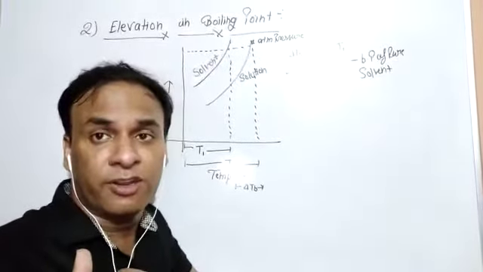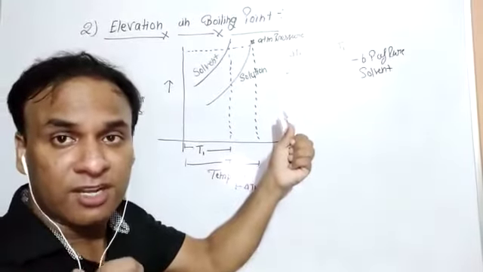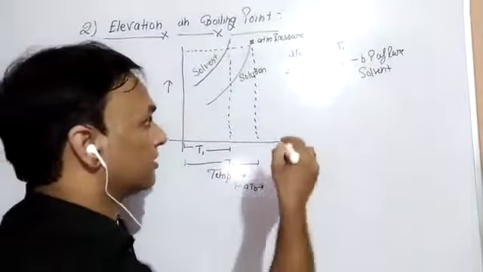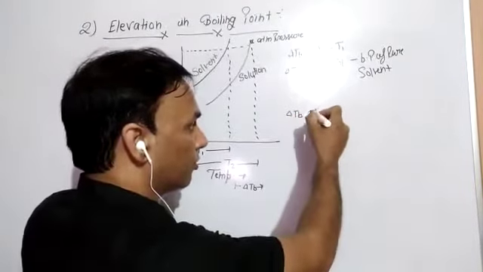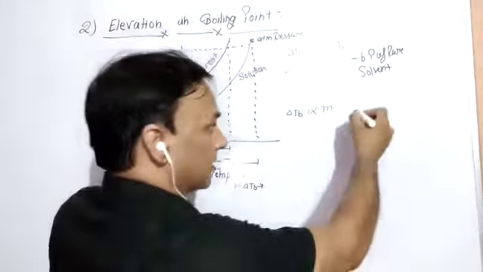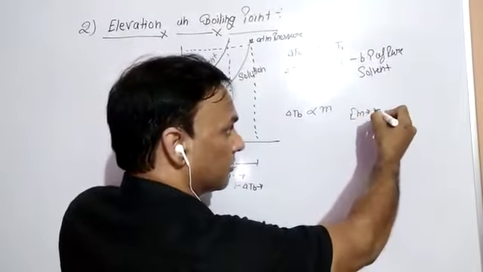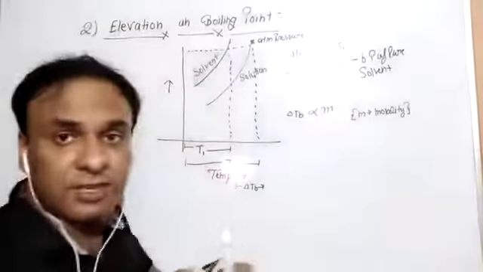Elevation in the boiling point depends on the molality of the solution. Delta TB is directly proportional to molality m, where m is molality. Clear?